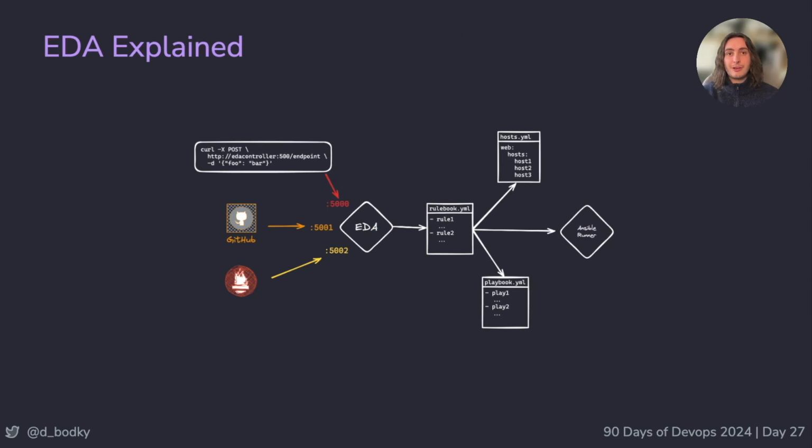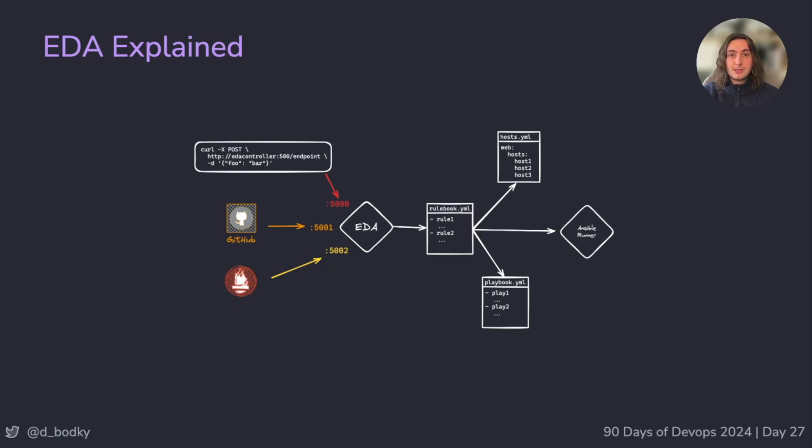At the core of event-driven Ansible is the so-called event-driven Ansible controller, which listens to webhooks and evaluates the received data according to rules configured in a file called a rulebook. So in this example, we can see our EDA controller is actually listening on 3 different ports. For example, for generic webhook events posted on port 5000, as explained here with the curl example.